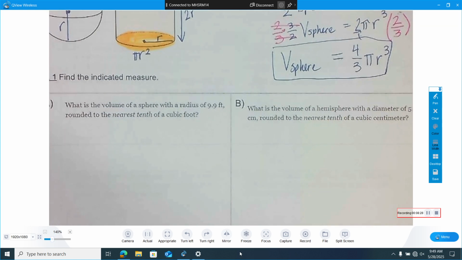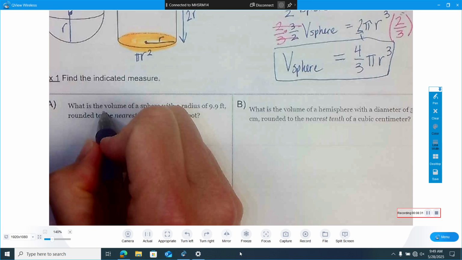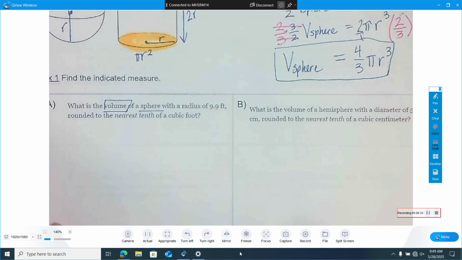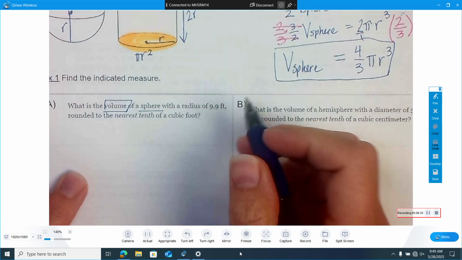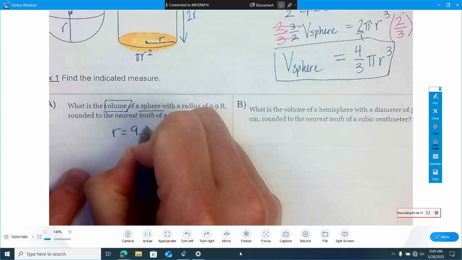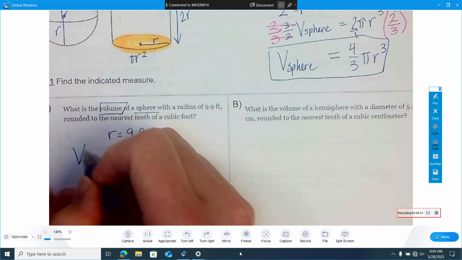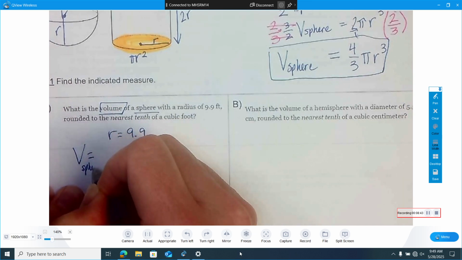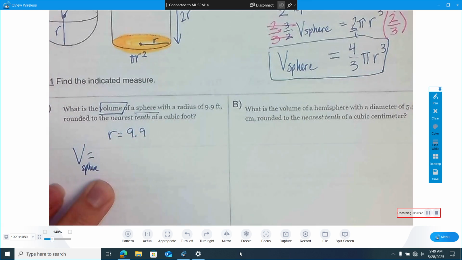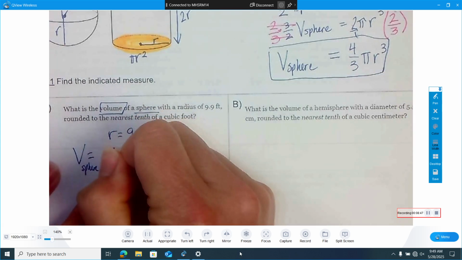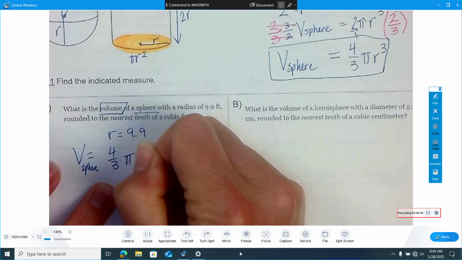So letter A, find the indicated measure. What is the volume of a sphere with the radius 9.9? So the radius is 9.9 feet, rounded to the nearest tenth. What's the formula for volume of a sphere? Say it out loud. 4/3 pi radius cubed.